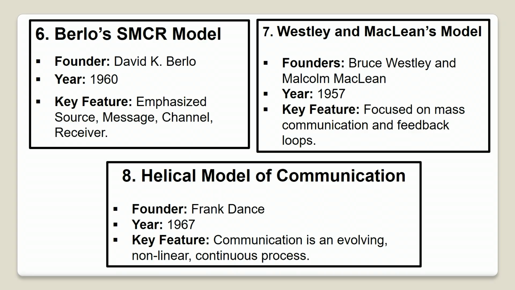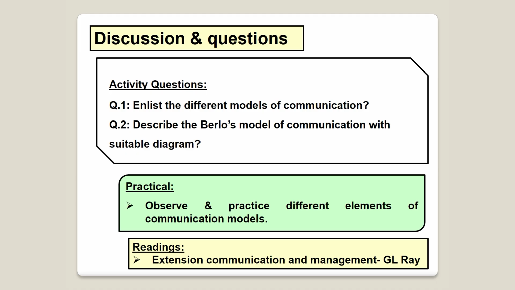It never ends, and it is non-linear. It is a two-way process. These terms were given by Frank Dance. So he has interpreted this model very clearly, along with its use and importance in the communication system.